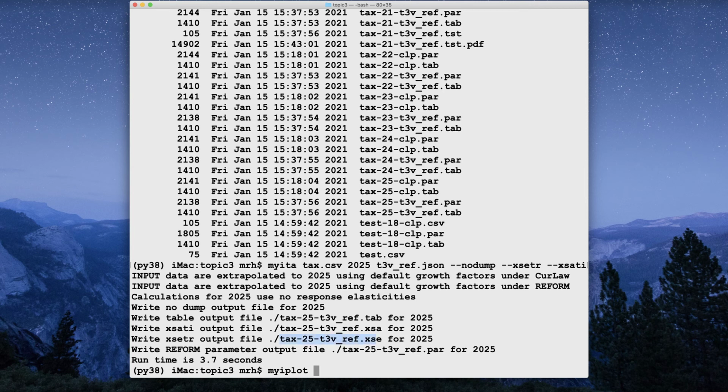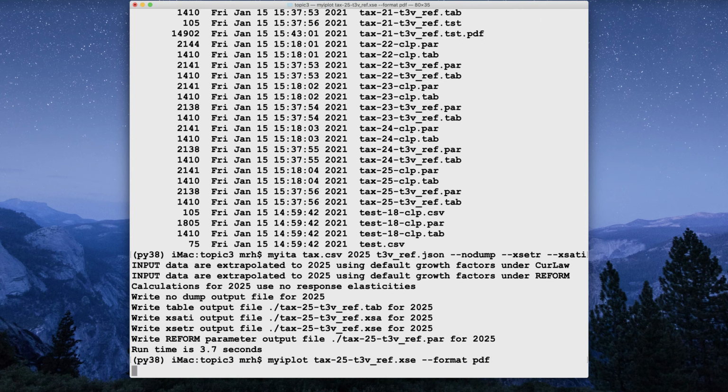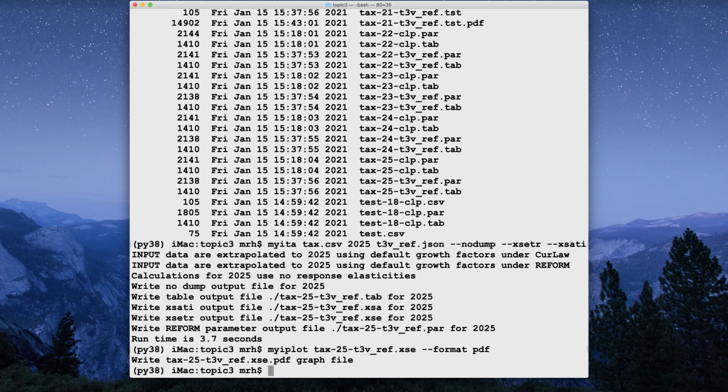What this MYI plot command does is convert the table, which you can look at if you want, into a graph. And remember, for the reasons I described before, I'm generating a PDF file. And there's the name of the file that has the PDF in it.